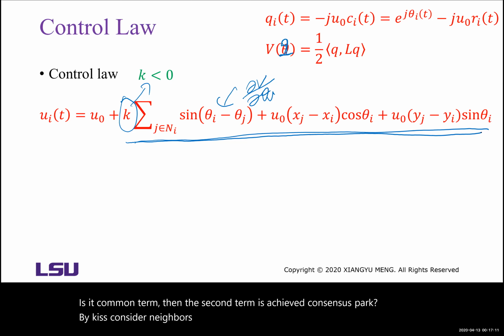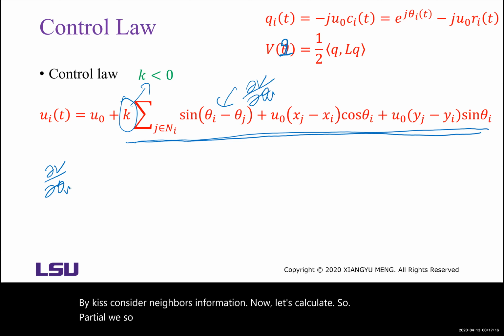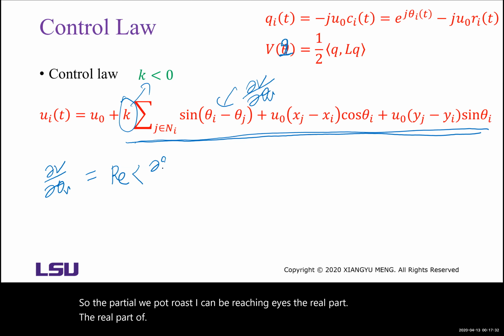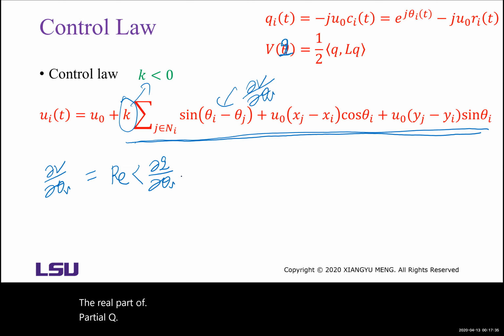Okay, now let's calculate partial V, partial theta I, as we showed last time. The partial V, partial theta I can be written as the real part of partial Q, partial theta I, times Q. Okay, so this is what we have shown last time.